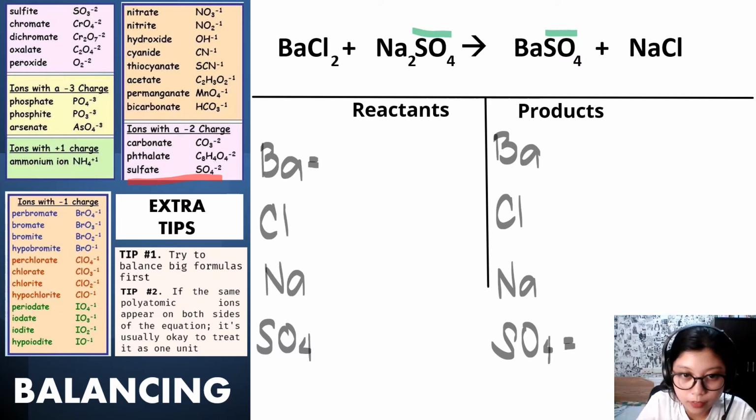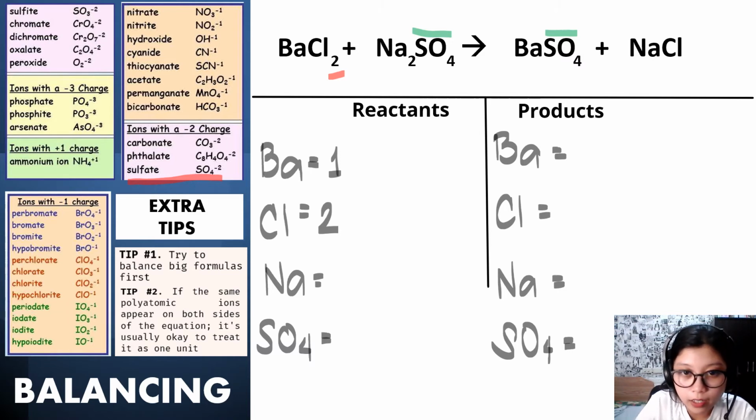Now, the next step that we're going to do is to count the atoms present in each element. For Ba, how many atoms are there? We have 1. For Cl2, according to its subscript, it has 2 atoms.